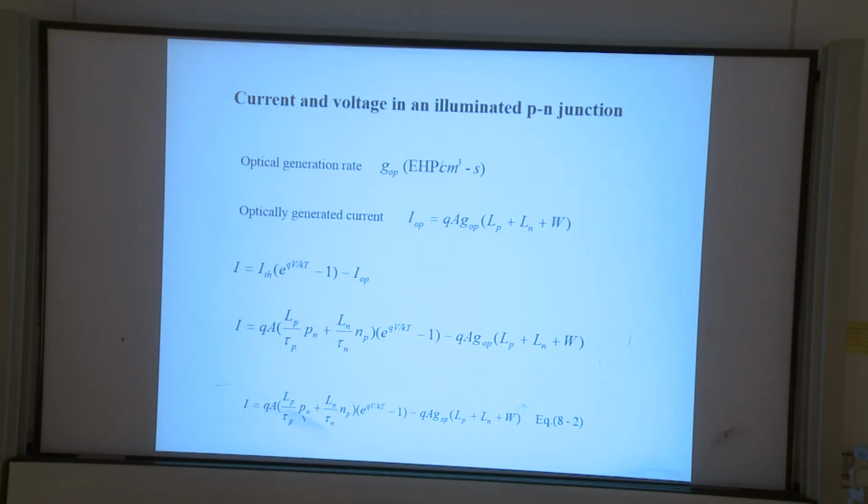Yes? I have a doubt, sir. If the diode is a little bit wider, the radius of the diode is wider, then the area will be larger. Then the current will be larger, because we are assuming that light can penetrate the whole material.